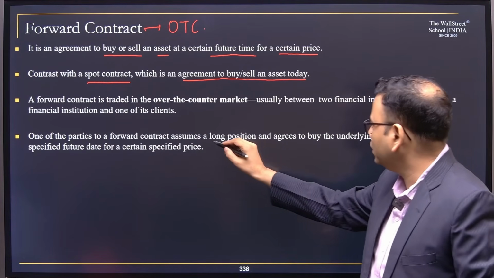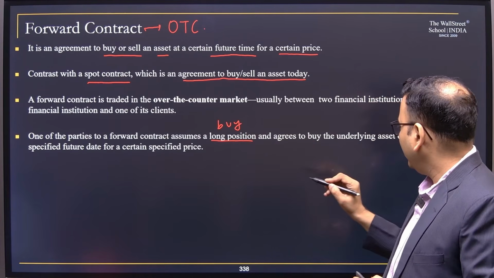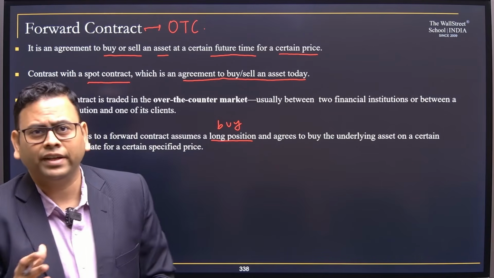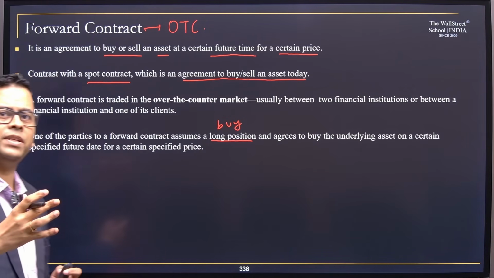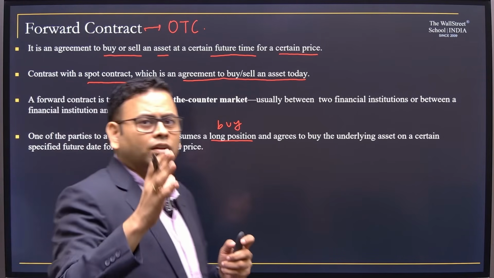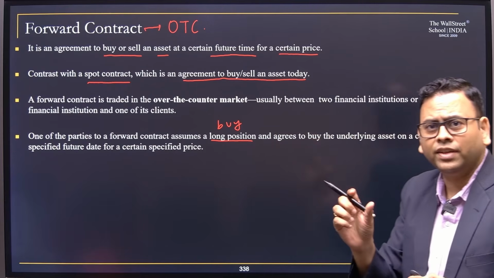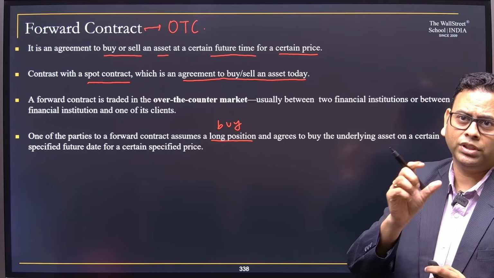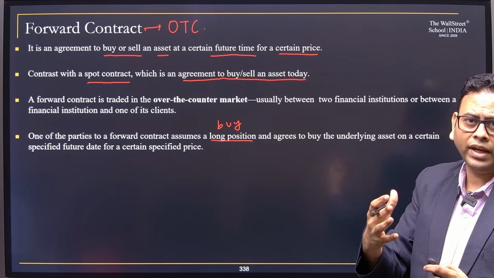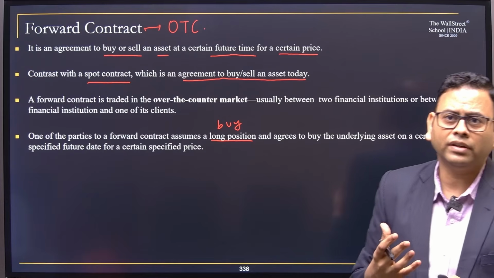So, long essentially means buy, and he is agreeing to buy the underlying asset on a certain date as specified in the contract and at a specific date in future. So, the price is fixed, the underlying asset is fixed, and the position is also mentioned. So, one of the parties is going to buy the contract at a certain price at a certain future date.